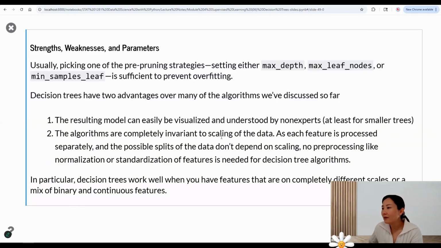Algorithms are also completely invariant to scaling of data. Notice that we never scale the data, because it's not necessary for decision trees. At each node, it only chooses one variable to do the split, so the features are kind of independent of each other. It doesn't matter whether they have the same magnitude or not.